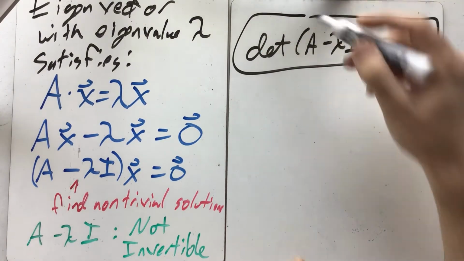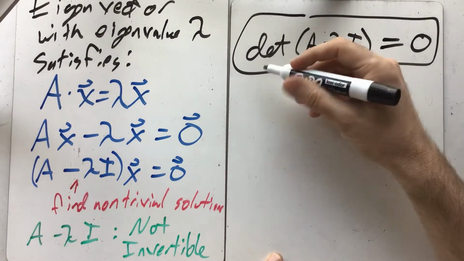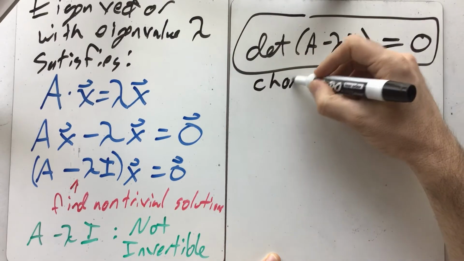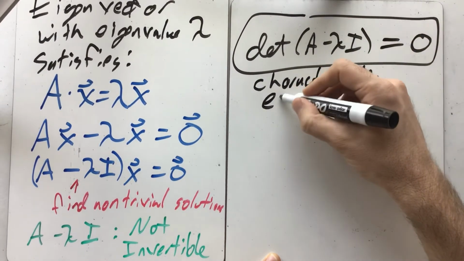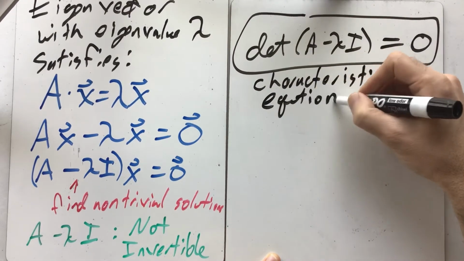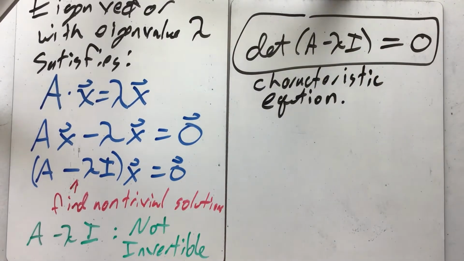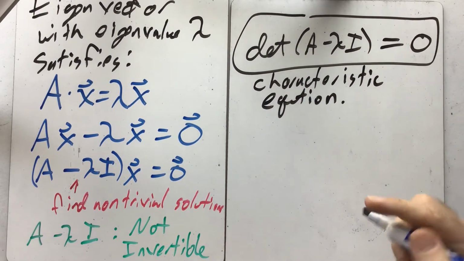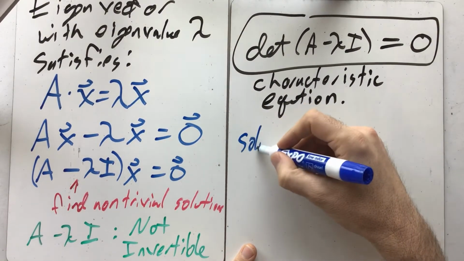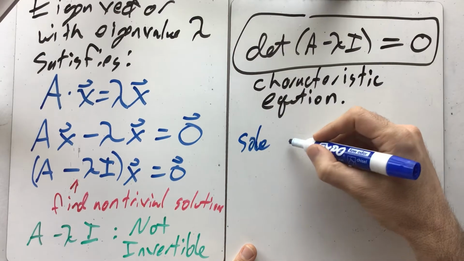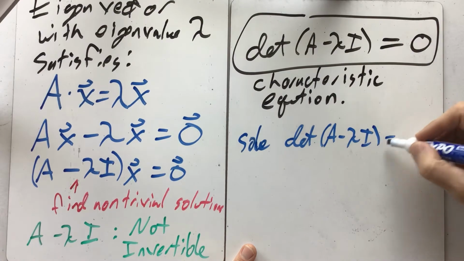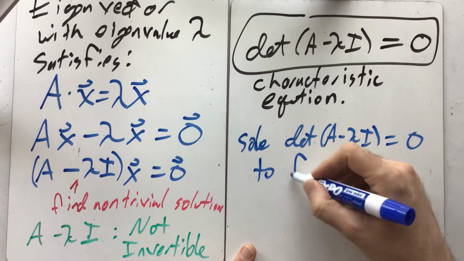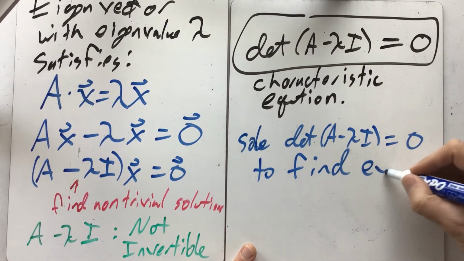And this is what we call the characteristic equation. So this gives us a method for finding eigenvalues. Given any matrix, you can just solve the determinant of A minus lambda I equals 0 to find eigenvalues.